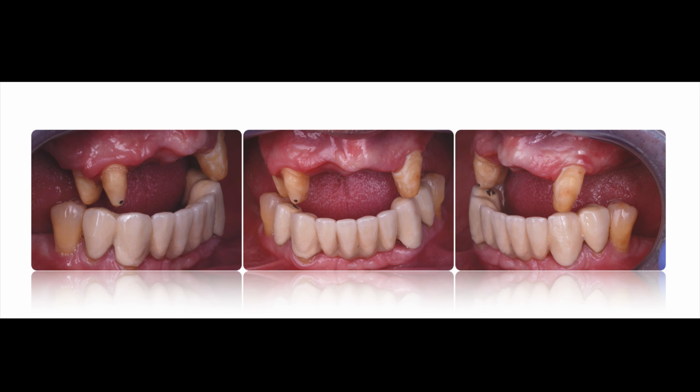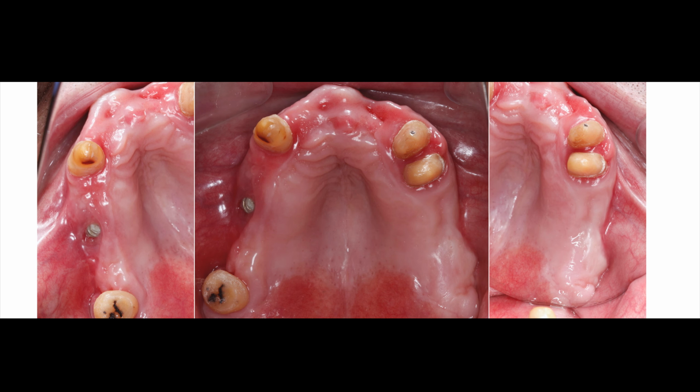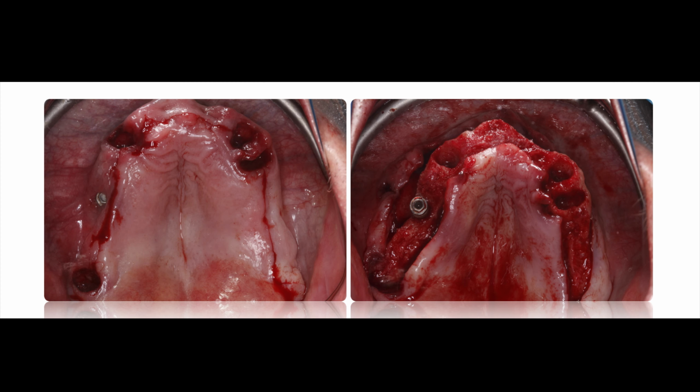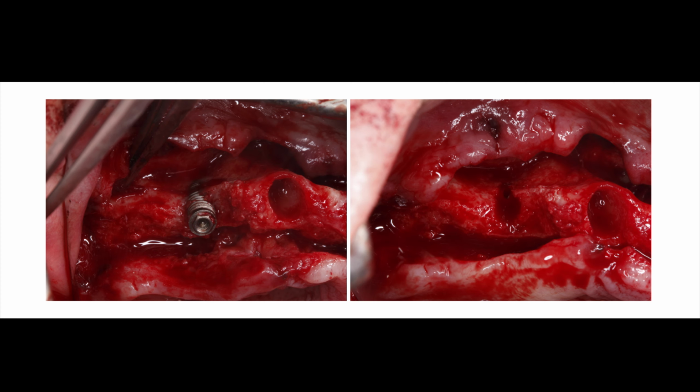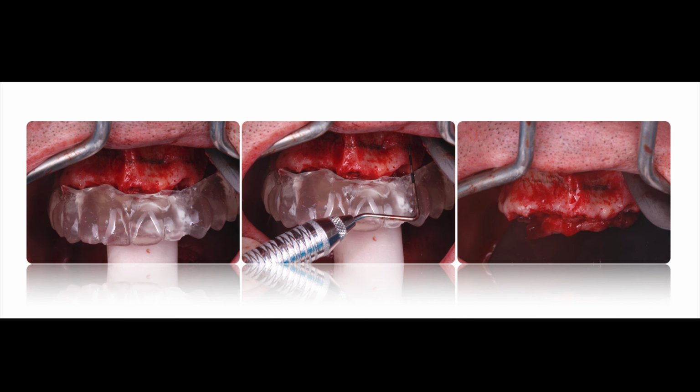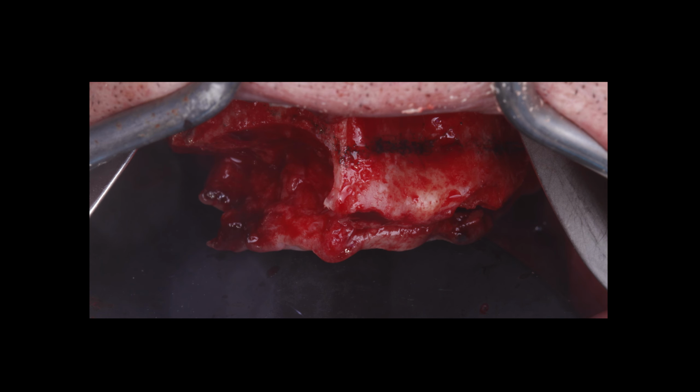Well, yeah, and at the end, we're going to finish the case, okay, but once we went to the surgery, we placed the implant, we put some bone, we extracted a bad implant, we put some bone, we fixed with the key where to place the implants, we removed bone.